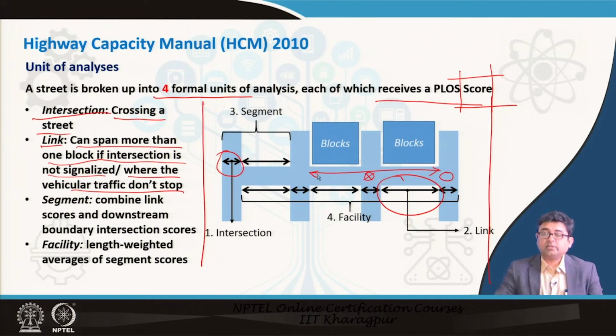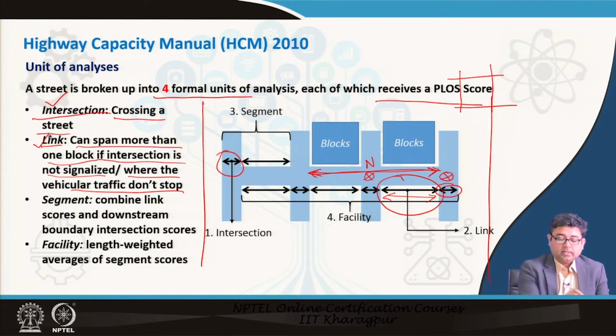That is essentially the understanding of the link. Just remember again, the link does not include the intersection if it is signalized. However, if it is non-signalized, then it will also include the intersection. That is how an intersection and a link are described.